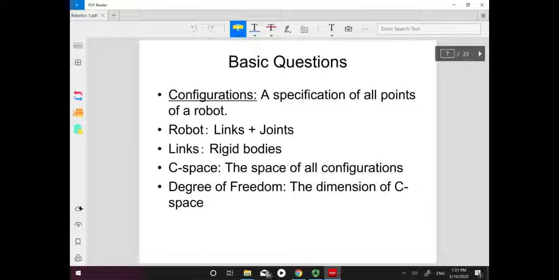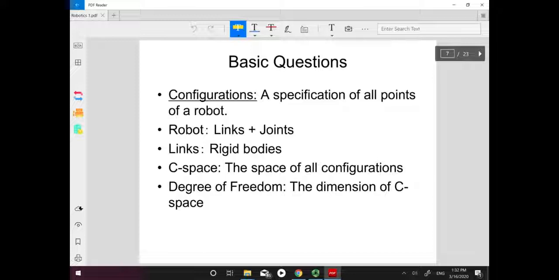Okay, and as I said, a robot is a combination of links and joints. Although we see a lot of complicated robots, when we go into the details, they are composed of a few joints, which are a few motors, as well as the links. The links are rigid bodies.